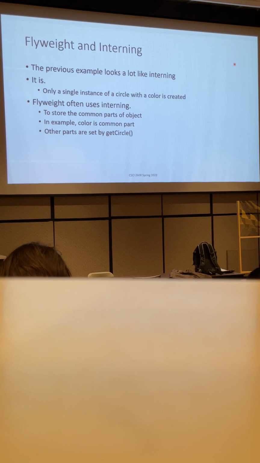So flyweight and interning are very similar, right? Flyweight, if you will, is a more advanced version of interning. Interning would only have the intrinsic state, whereas flyweight has intrinsic state and extrinsic state, right? Flyweight often uses interning, and we saw it right here.